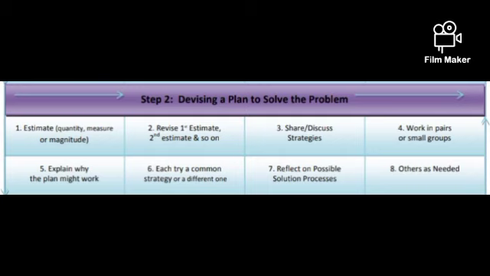And aside from these seven strategies that you have in this diagram, you may also apply other strategies for devising a plan to solve a problem, such as the use of the internet. Of course, the internet is one source of many kinds of information.